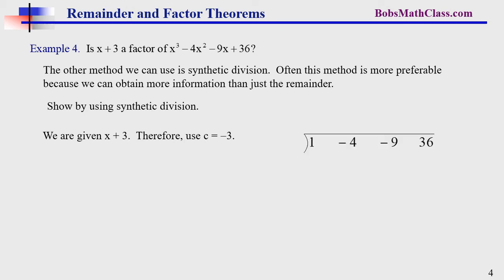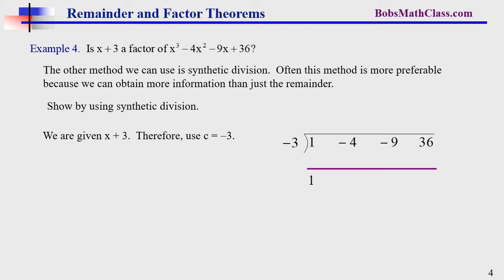Okay. So we write down our numbers inside the division box, of our dividend, 1, -4, -9, 36. And our value of c is going to be -3. Okay, work it out. Draw your line, put the 1 underneath.